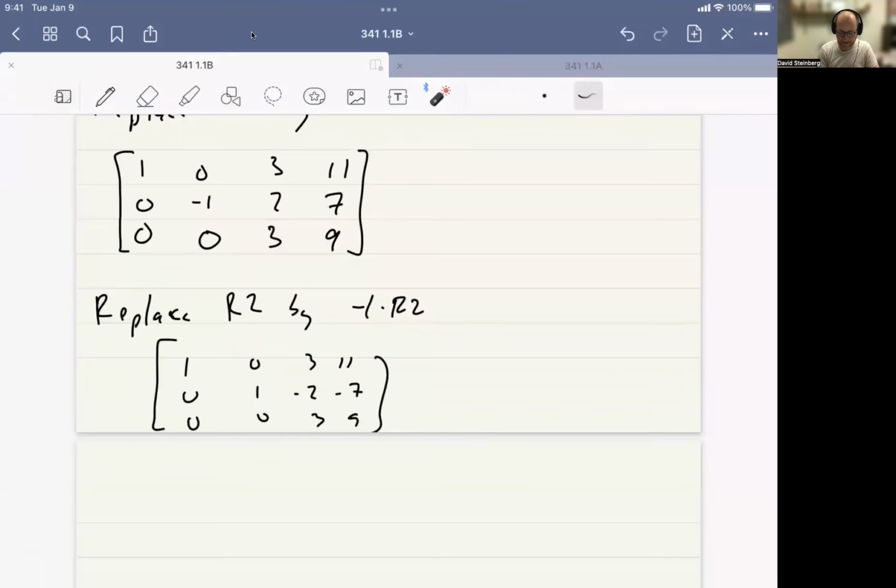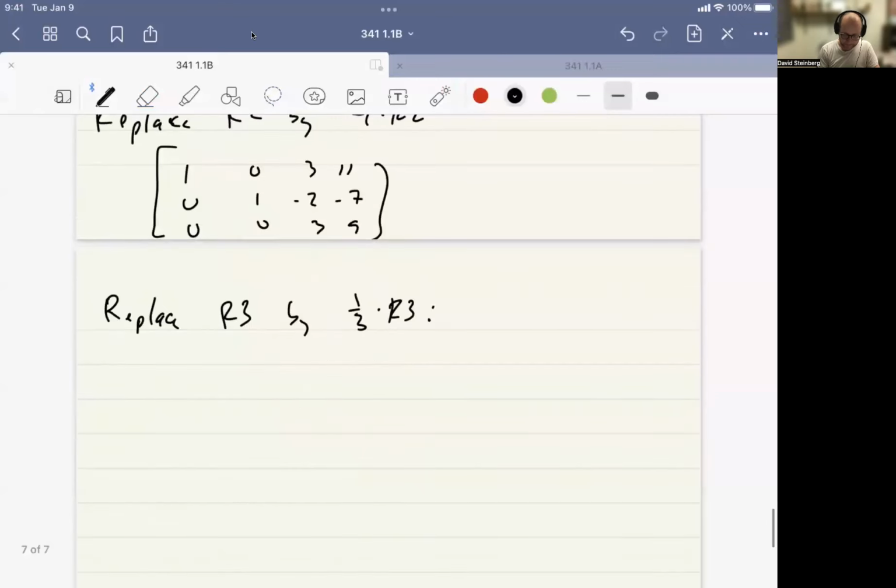Now finally we can isolate this 3 for our x3 and use it to eliminate everything else in column 3. And first, for ease of algebra, let's replace row 3 by 1/3 of row 3. I think that'll be easier for us later on: 0, 0, 1, 3.